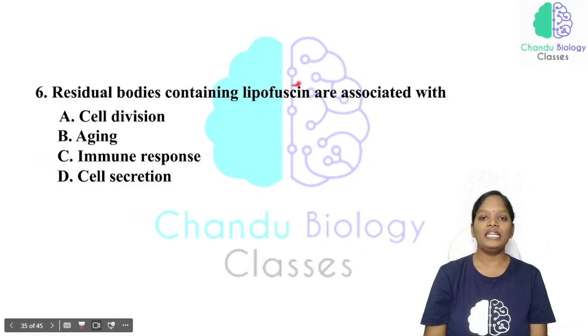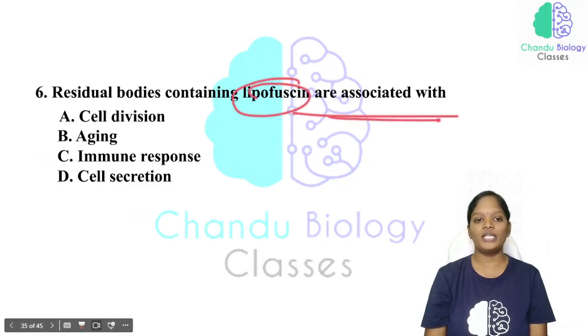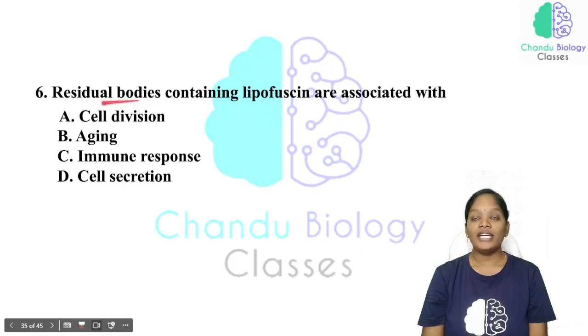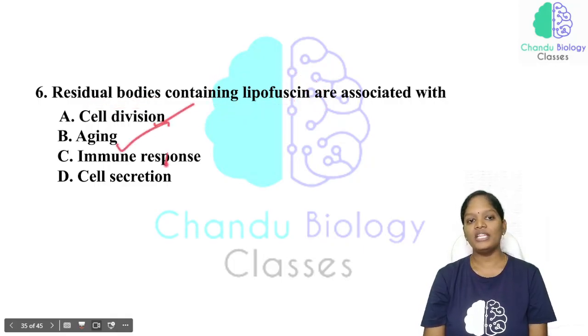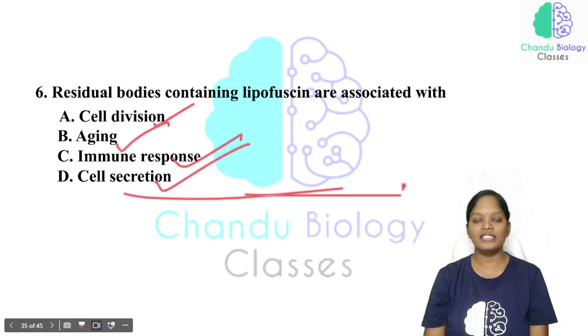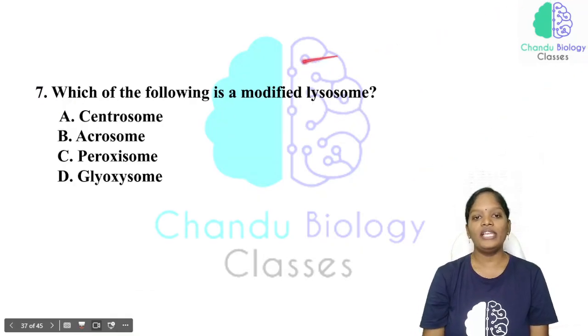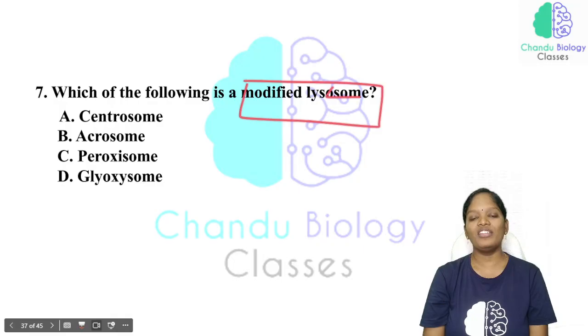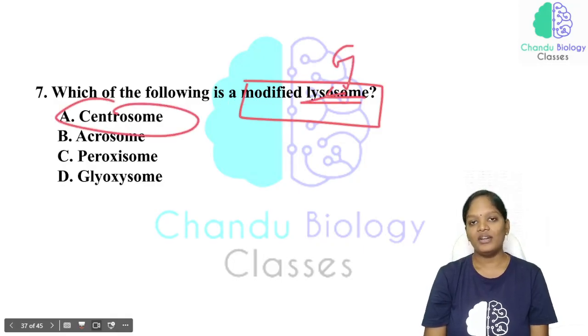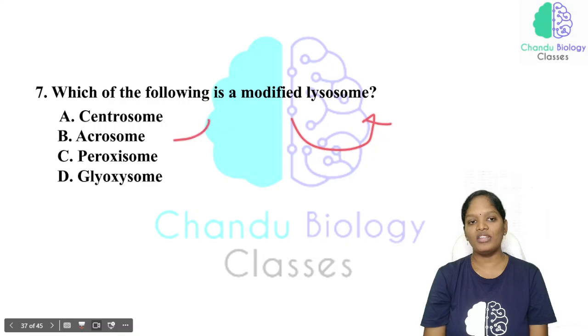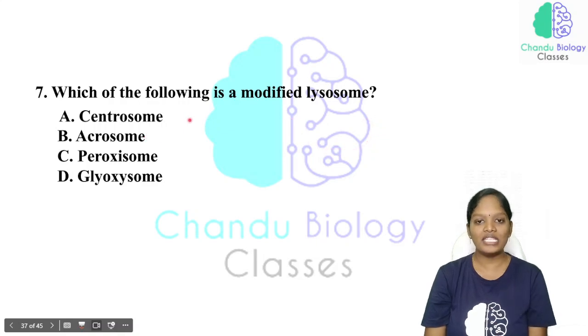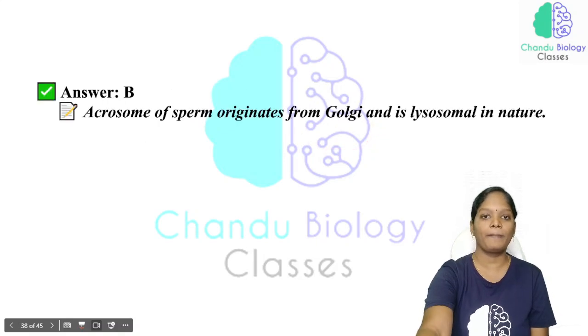Residual bodies containing lipofuscin are associated with what: cell division, aging, immune response, or cell secretion? The proper answer is the aging process. Which of the following is a modified Golgi complex? That will be the acrosome. The next class I will clarify whether it is a modified lysosome or modified Golgi complex. As of now, just think of it as a modified Golgi complex.